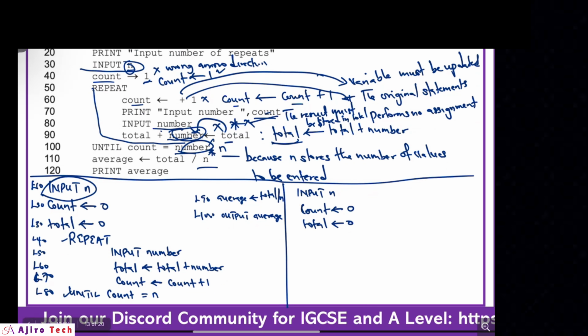Then we now have while count is less than n. So while count is less than n, right? So it keeps going. If count is 0 and the number you enter is 5, you look at it, you see that 0 is less than 5, right? So because 0 is less than 5, input number.